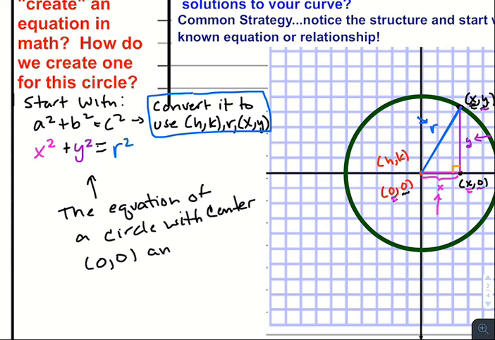Now, if we had more numbers to put in, in other words, if we had the radius value, we could stick that in. I know that maybe this is an unknown quantity, like where is this 0, 0 showing up? But what we have accomplished in just a few short steps is that we now do have a circle's equation.